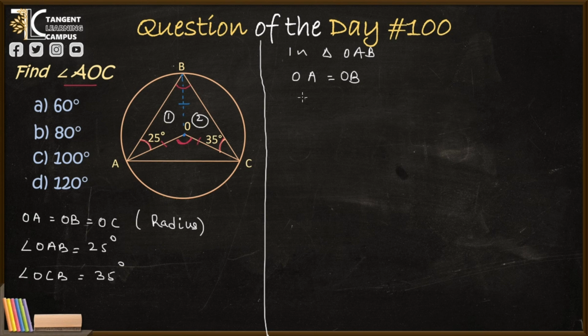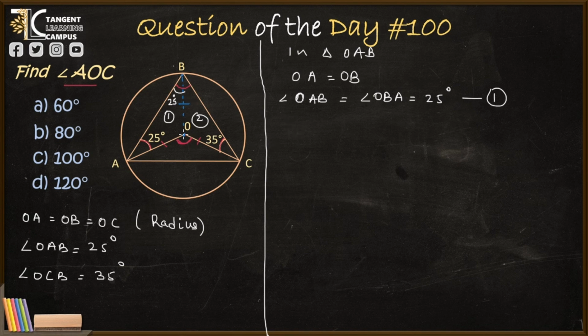And we know that angles opposite to equal sides are equal. That means angle OAB will be equal to angle OBA. So angle OAB equals angle OBA, which is equal to 25 degrees. Let us mark this as 1. So we get this angle as 25 degrees.